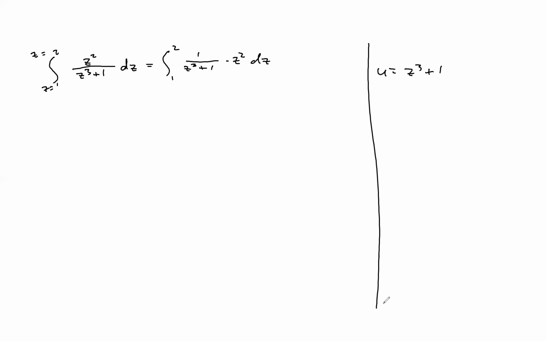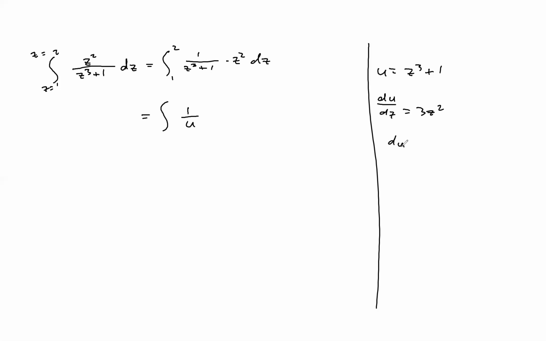All right, so now let's do our substitution. U equals z cubed plus 1. So in my integral, I've got 1 over, and this whole thing turns into u. Now we need to figure out what happens to this z squared dz. We figure that out by taking the derivative over here. The derivative of u with respect to z is 3z squared.